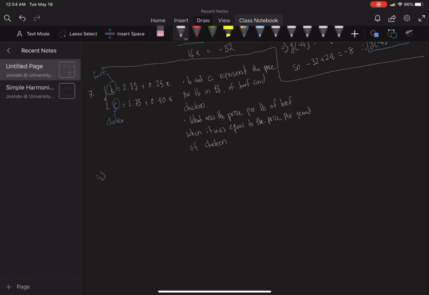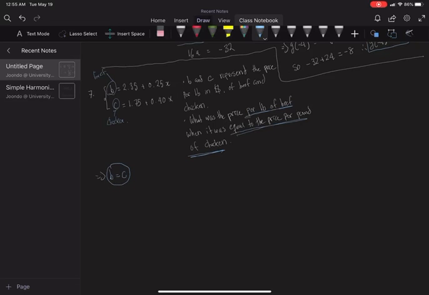So what's very important in this question is equal: the price per pound of beef was equal to the price per pound of chicken. This means that B equals C, and then we can find what value of X is.